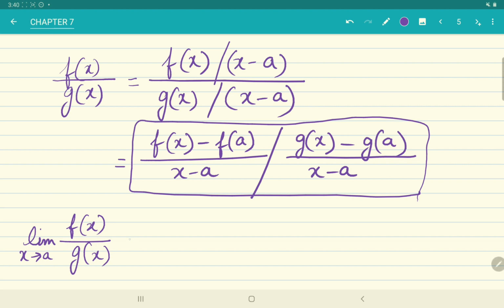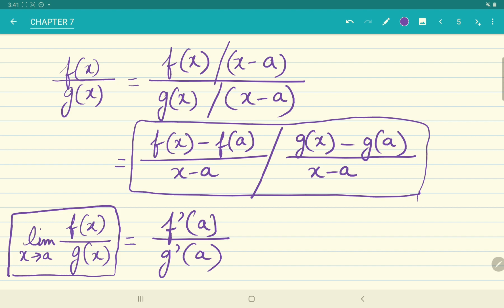So this then can be written as f prime a divided by g prime a. And now provided that g prime a is not equal to 0, this limit is actually equal to this one.